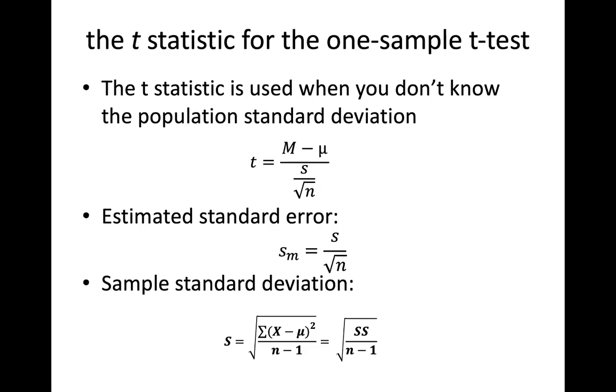The reason the t-test is valuable is because it's more likely to be used, and it has to do with the fact that you can use the t-test even when the population standard deviation is not known. We don't usually know things about populations in practice because populations are just too big. Getting those population parameters, like the mean or the standard deviation of the population, is pretty rare in real life.